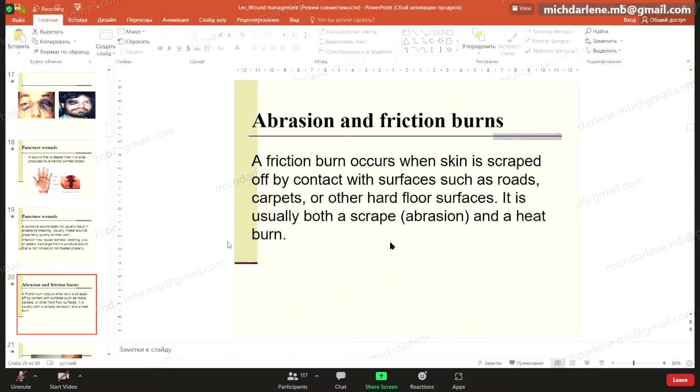It's scraped off by contact with a surface such as roads, carpets, and other hard floor surfaces. I told some of my groups why Spider-Man doesn't choose Kursk.